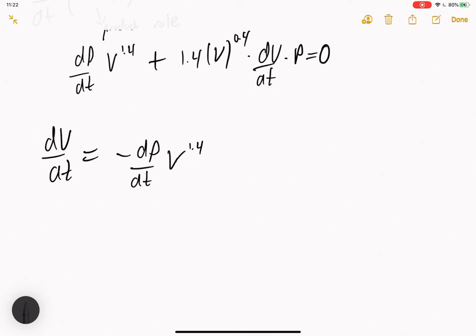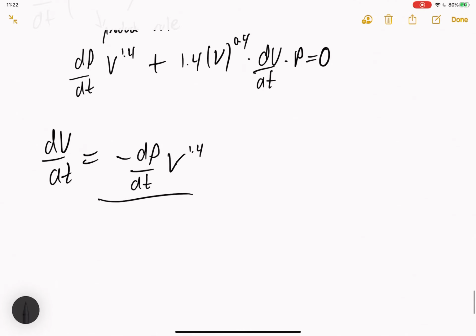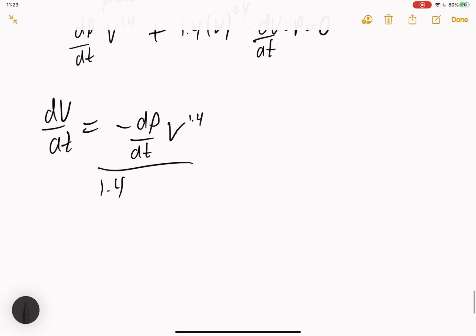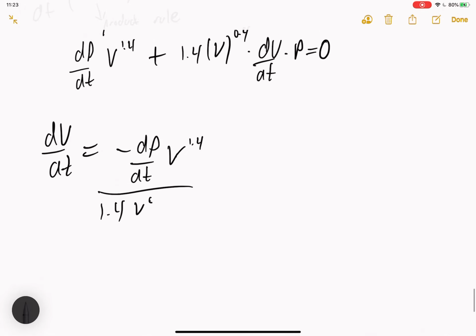And then we have to divide by everything else attached to the dV/dt, so divided by 1.4 V^0.4 times P. So this will be equal to negative dP/dt, the V^1.4 and the V^0.4, those are just going to give you V^1, so just V, divided by 1.4P.